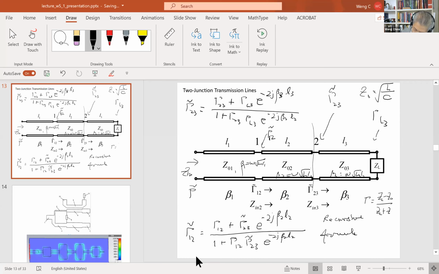Once you know the impedance of the load, you know the reflection coefficient, and vice versa. Once you know gamma, you know the normalized impedance, (1 plus gamma) over (1 minus gamma). You can go back and forth between these two formulas. They go hand in hand.